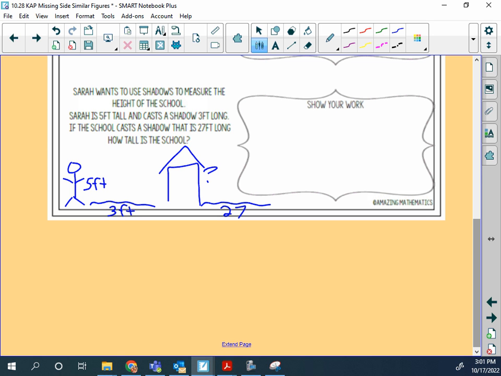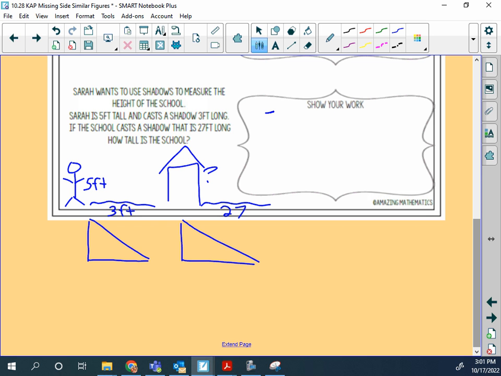Can you guys set up a proportion using this now? I hope so. It's just basically I'm creating similar what? What shape am I actually making here? Everyone say triangles? Hopefully so.